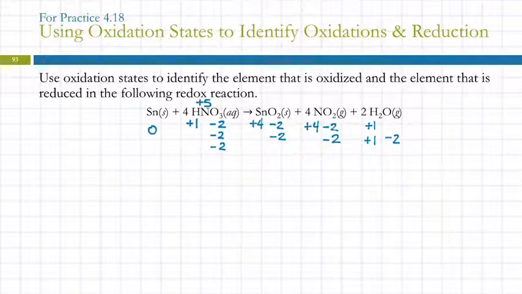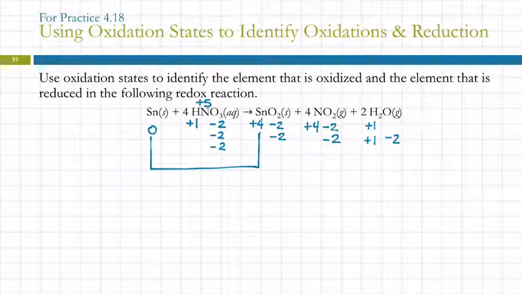Now we're tasked with finding what's being oxidized, what's being reduced. And we're looking at individual elements, not a compound. So we're going to look for something whose oxidation state has gone up, and that's the one that's oxidized. So who's gone up in oxidation state? Sn. So tin went from 0 to +4.